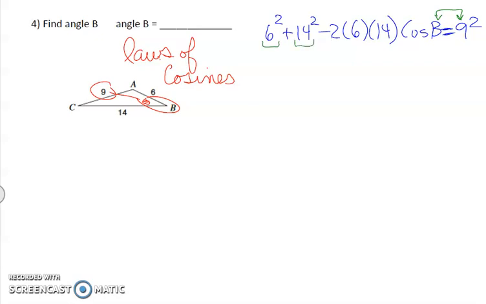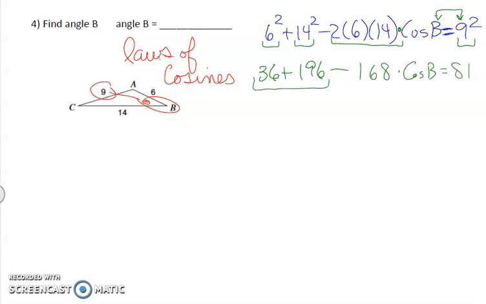So this problem is a little bit different than the previous problem. So in doing this problem, my recommendation is, first of all, find the answers to the multiplication and the exponent problems. So 16 squared is 256, 14 squared is 196. 2 times 16 times 14 is 448, times the cosine of B equals 81.